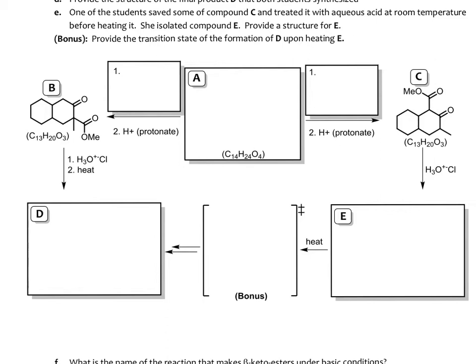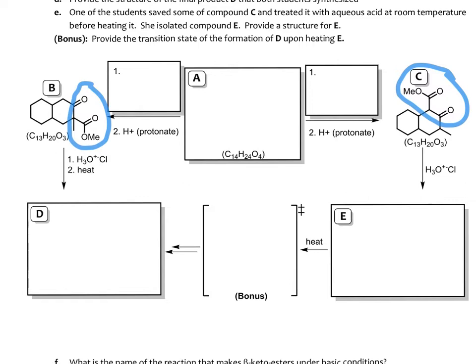First off, you'll note that both compound C and B contain a beta keto ester. And a beta keto ester should scream Claisen chemistry to you. Now, in this particular case, it's an intramolecular Claisen reaction, or a Dieckmann reaction.